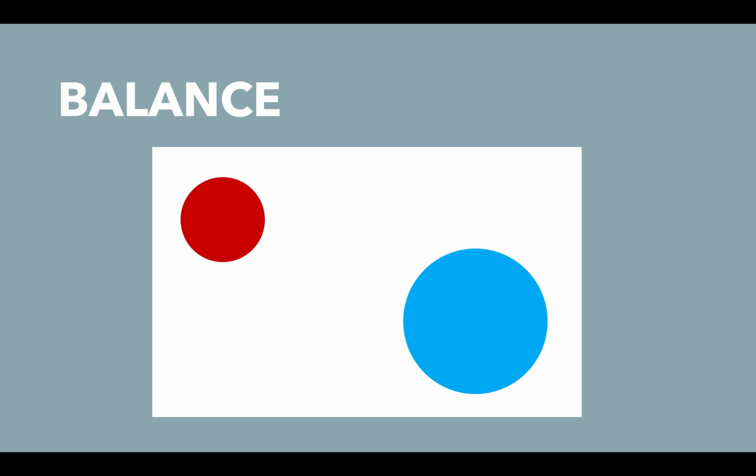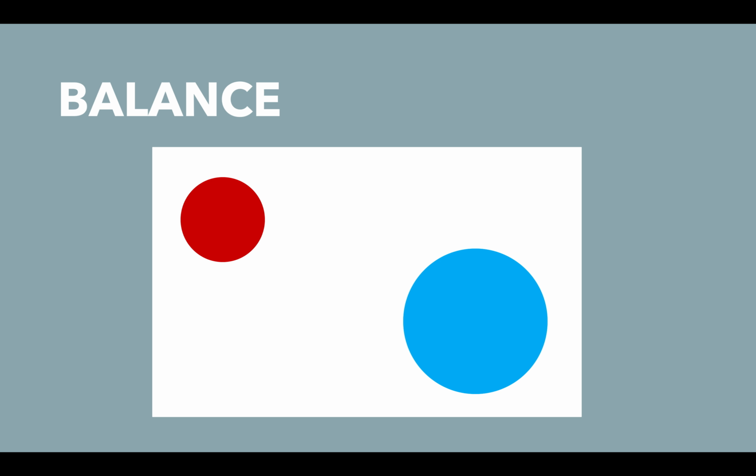Here we have upper left corner and lower right corner. What's interesting about this is that it's kind of balanced on left and right sides and on up and down, but we're a little bit heavier towards the bottom and towards the right side.